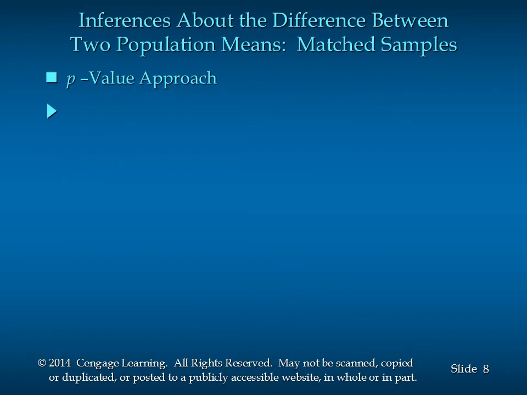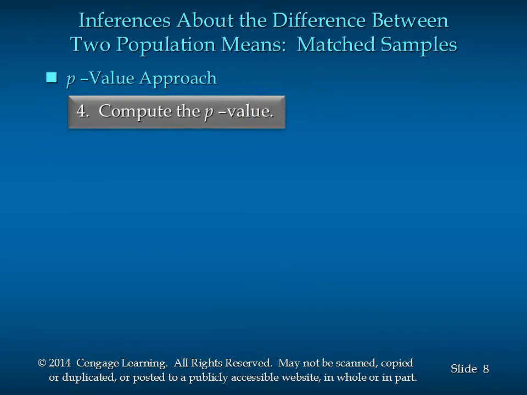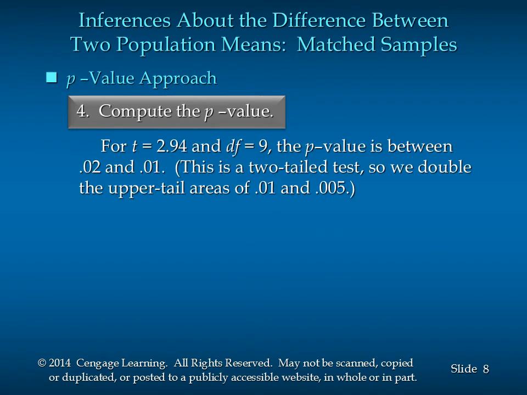Let's go with the p-value approach first. Compute the p-value. You've got a t of 2.94, degrees of freedom of 9, and the p-value is between 0.02 and 0.01. What we did there is we just doubled the upper tail areas from the chart in your book, because it's two-tailed.